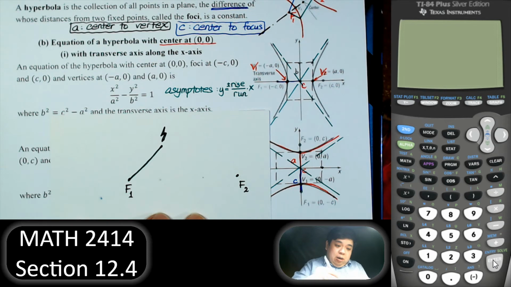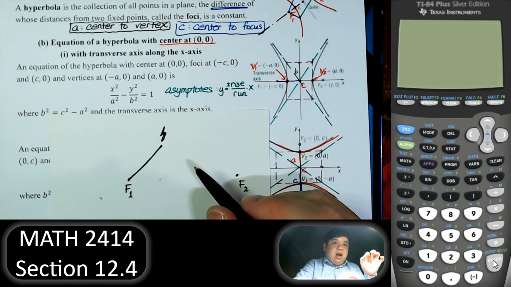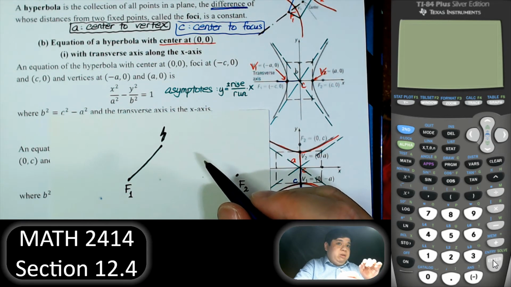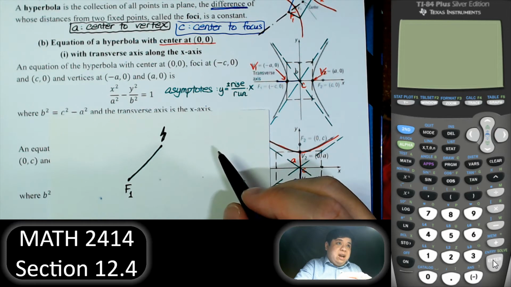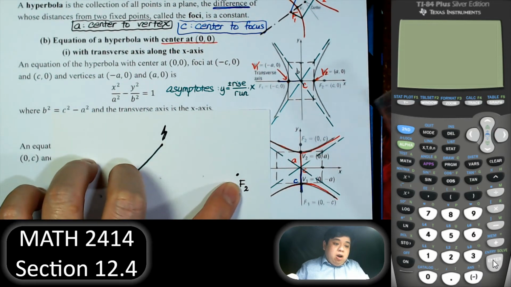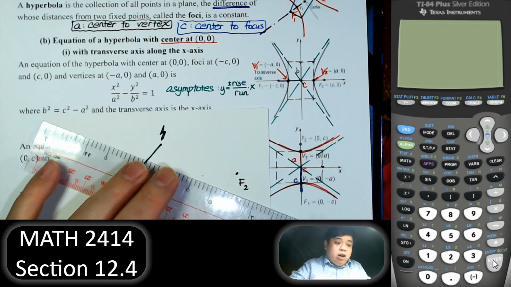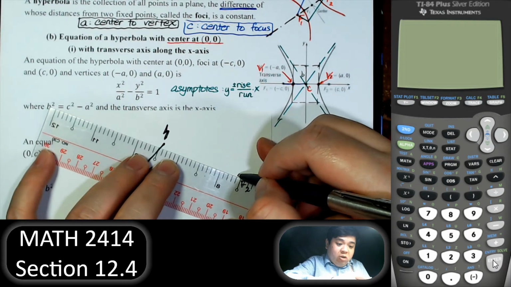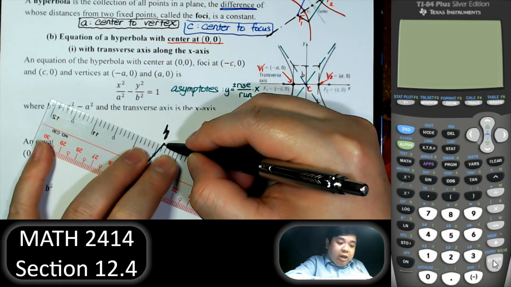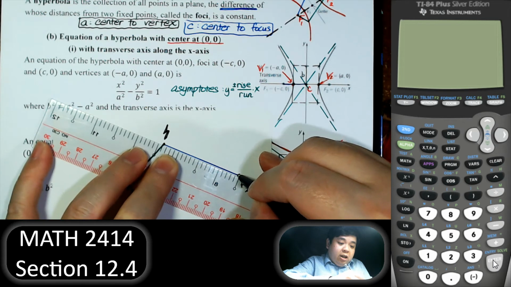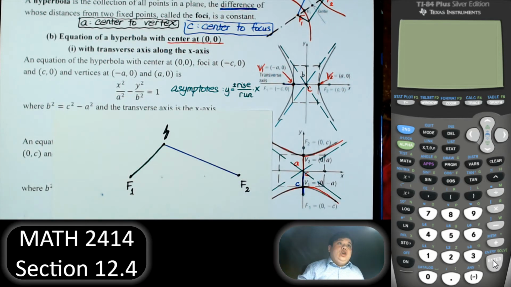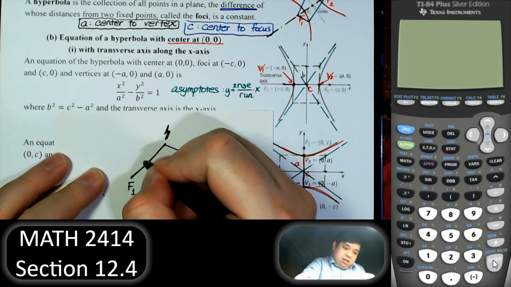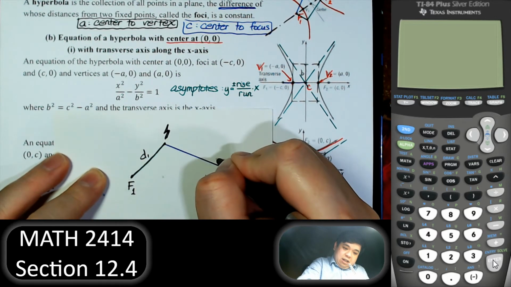Both of them should see the lightning at the same time, because light travels extremely fast compared to sound. But this person is further away from the lightning strike, so he will hear the thunder a little bit later. So we're going to have this distance D1 and this distance D2.